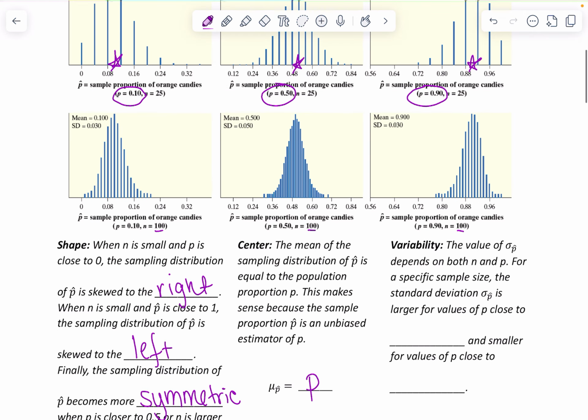For variability, the value of the standard deviation of your sampling distribution of p-hat depends on the sample size and the probability. So for a specific sample size, the standard deviation is large when values of p are close to 0.5, and it's going to be smaller for values of p that are close to 0 or 1.